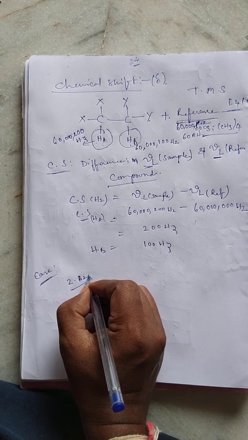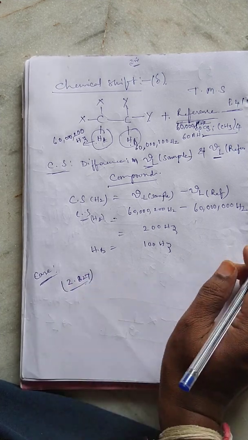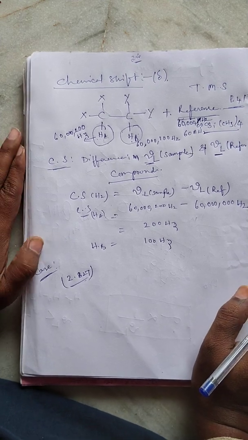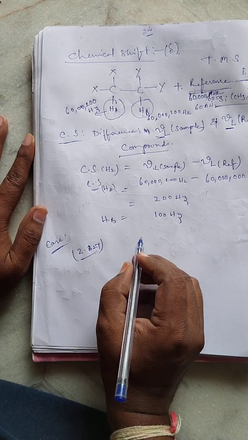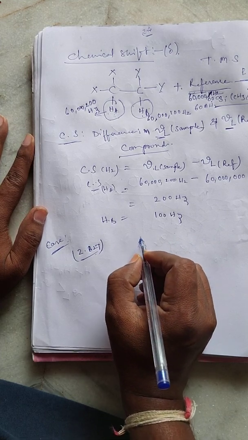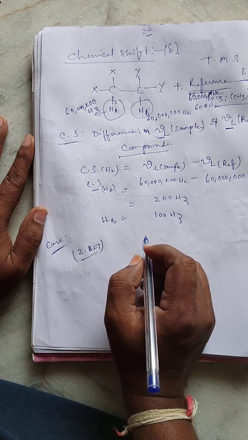So if I double the external applied magnetic field, now the precessional frequency of all the protons will become double.